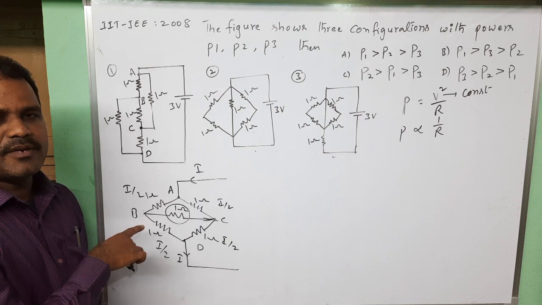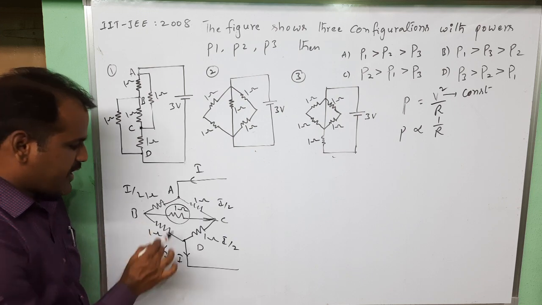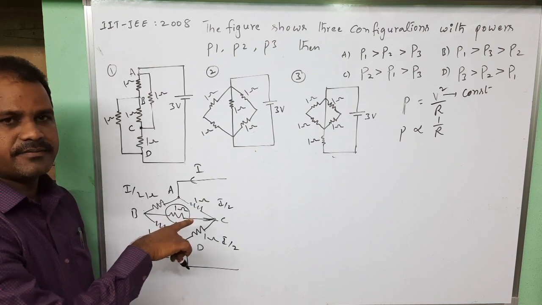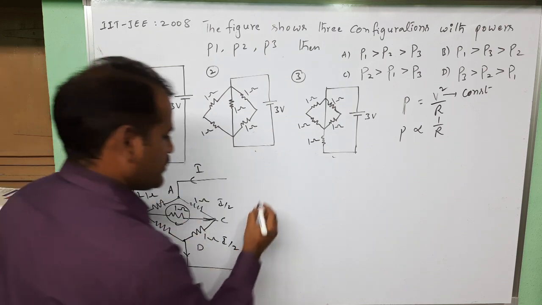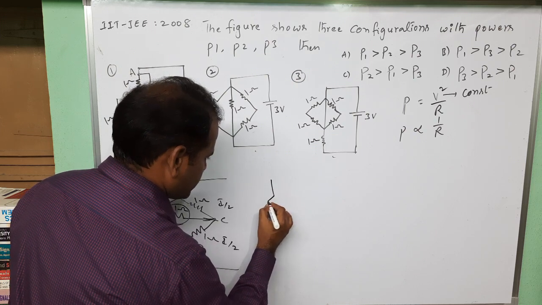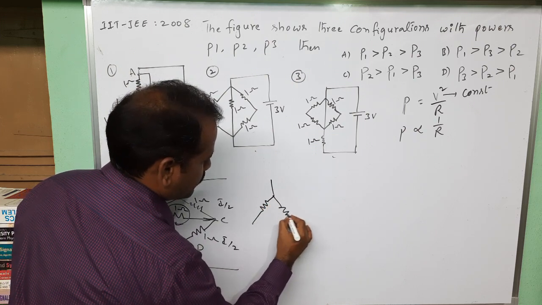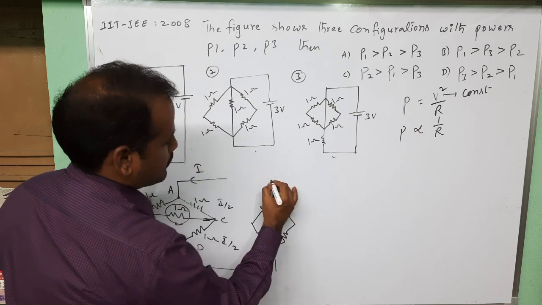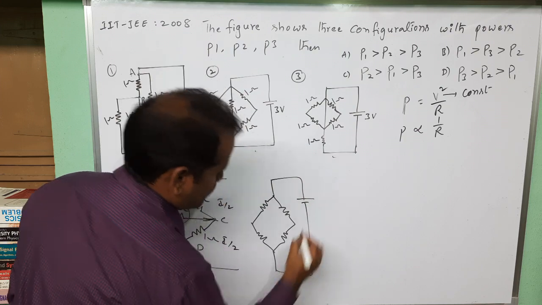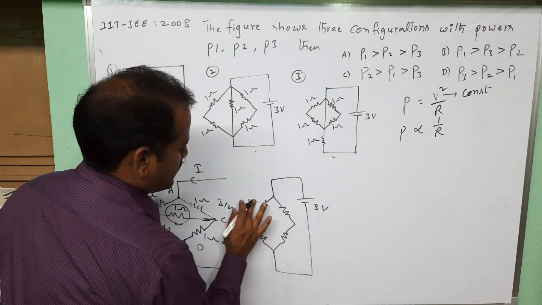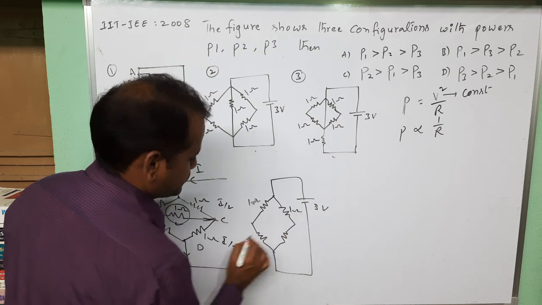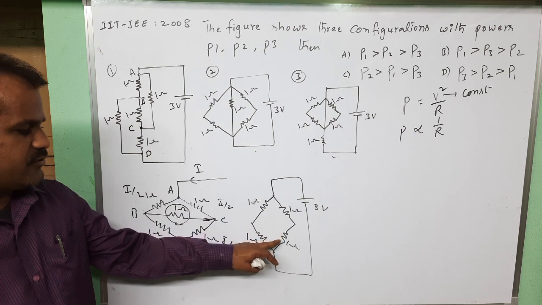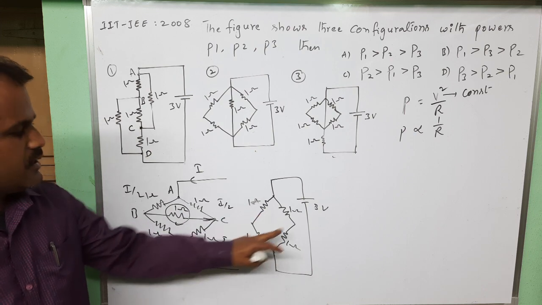This concept is similar to the Wheatstone bridge concept. We can eliminate this resistance because there is no current flowing in it. So the equivalent circuit can be written like this. Then we can easily find the equivalent resistance. 1 ohm in series with 1 ohm, and 1 ohm in series with 1 ohm, and both are in parallel.